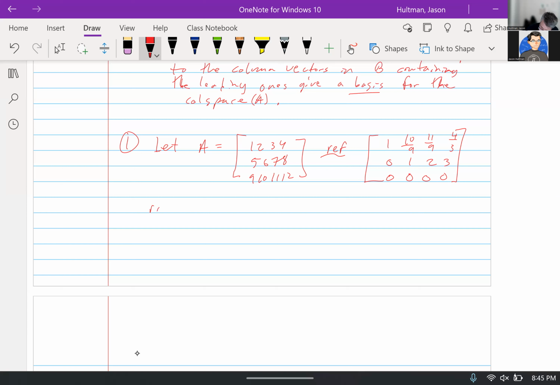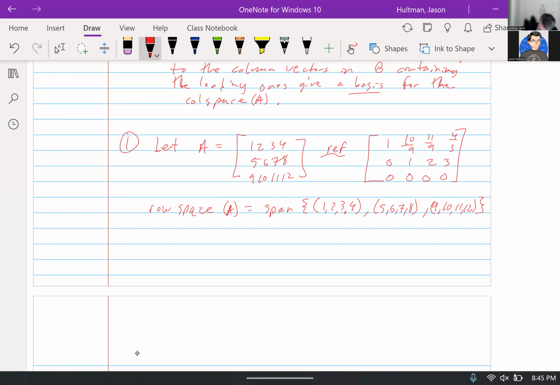So the row space of A is just the original rows written as vectors. So this is the span of 1, 2, 3, 4, 5, 6, 7, 8, 9, 10, 11, 12. Okay, that's the row space.